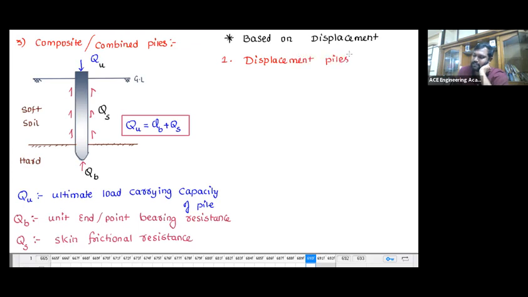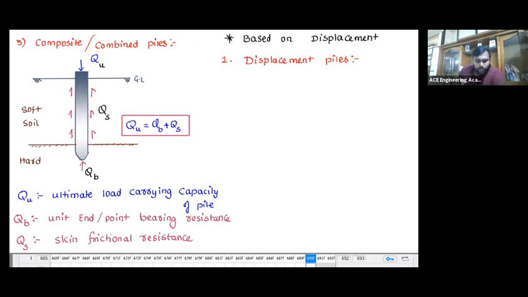Displacement piles are nothing but the driven piles, right? When you are driving, you take a hammer and give a blow on the earth. Due to that hammer impact, the surrounding soil also gets disturbed, yes or no?